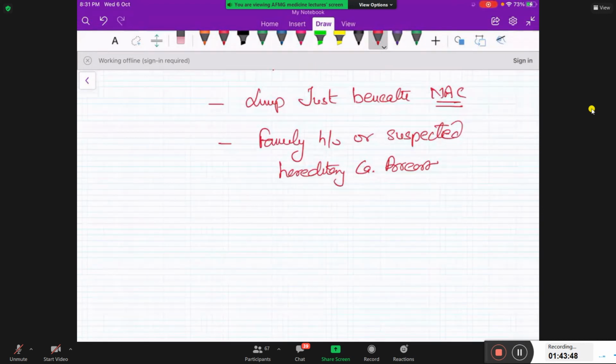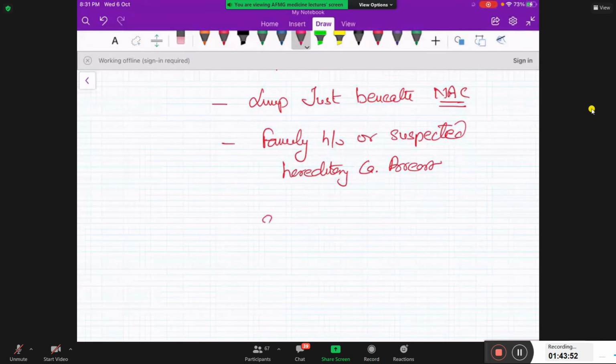Then there is another concept which has come up, that is the concept of sentinel lymph node biopsy, or flu node sampling.